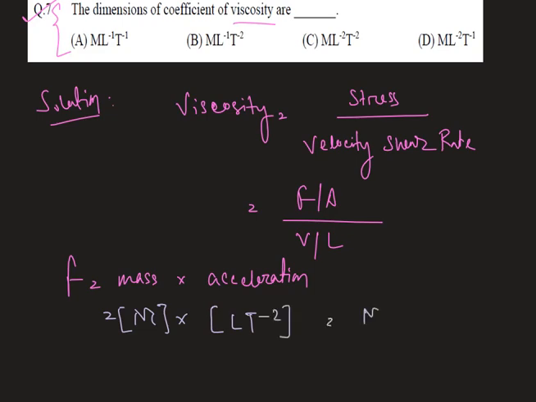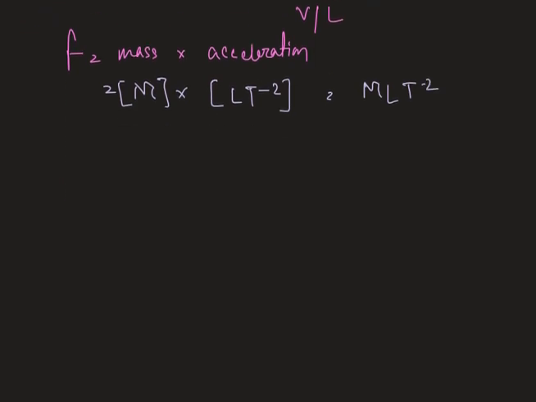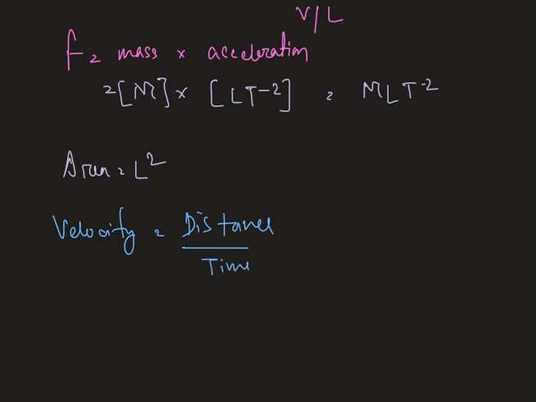So in all we get M L T to the power minus 2. For area it is L square. For velocity it is distance by time. Therefore L T to the power minus 1.